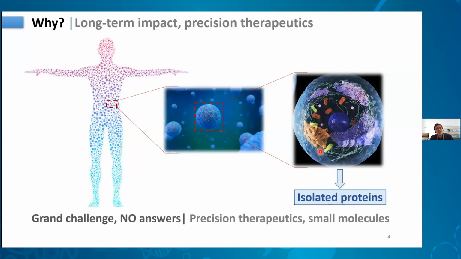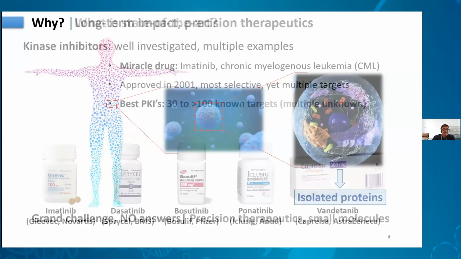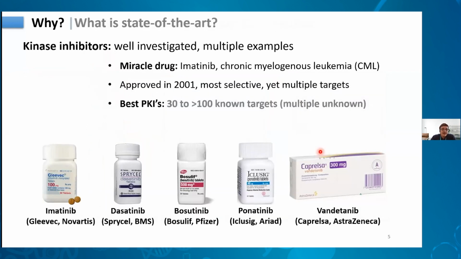Now, at this point, many of you might have a question: do we not already have drugs that are highly specific in nature? So let's take a look at one example to elaborate on this point. Kinase inhibitors have been involved in multiple critical signaling pathways in the human body.